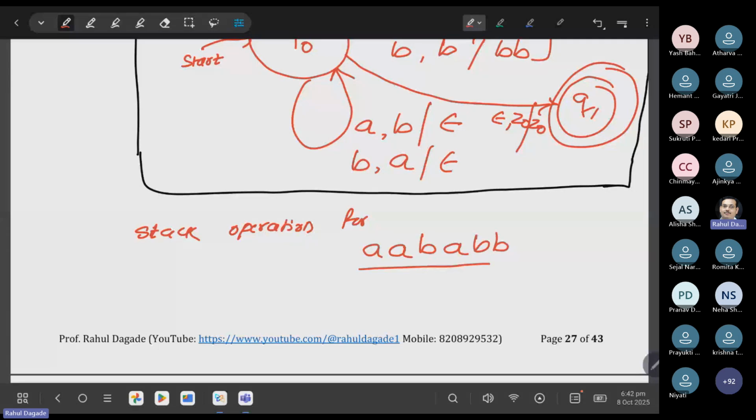So how do you show it? You have a state, then input, stack, and operation.